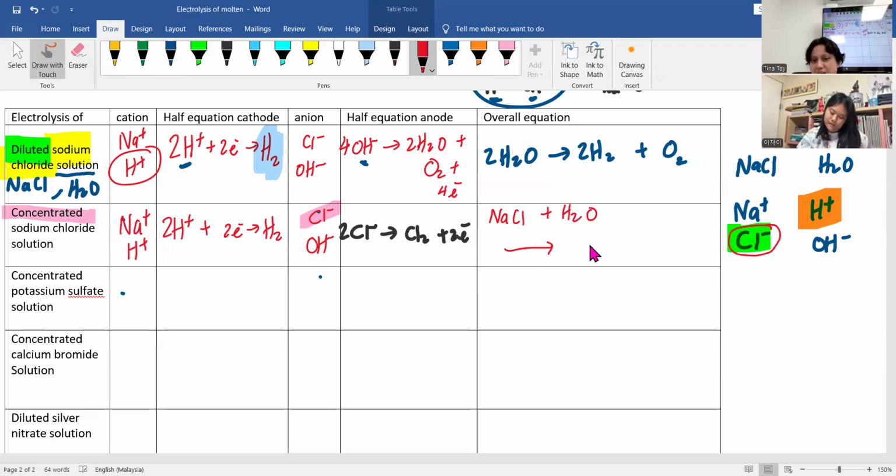Chloride became chlorine. Hydroxide became hydrogen. Who do I have left? Who did not get to do anything? Sodium hydroxide. The poor sodium hydroxide is left behind. They look at each other sadly and they hug each other and they become sodium hydroxide. Understand? Balance the equation. 2, 2, 2. This is the overall equation.